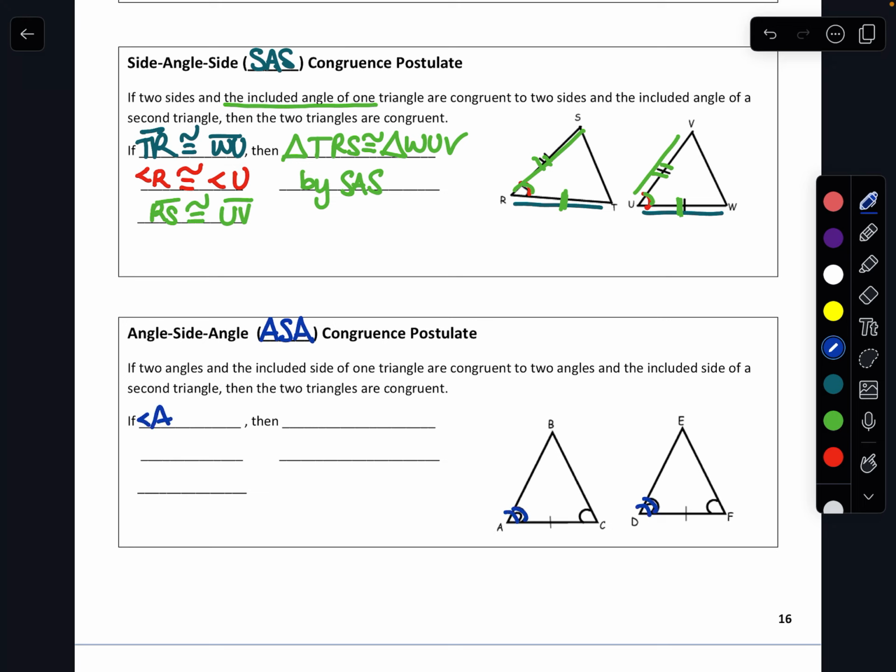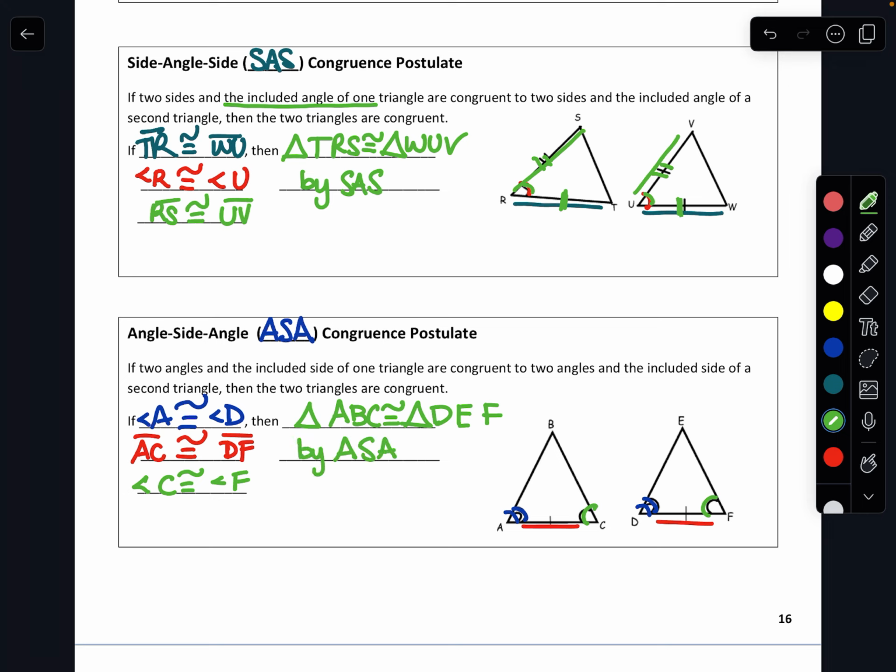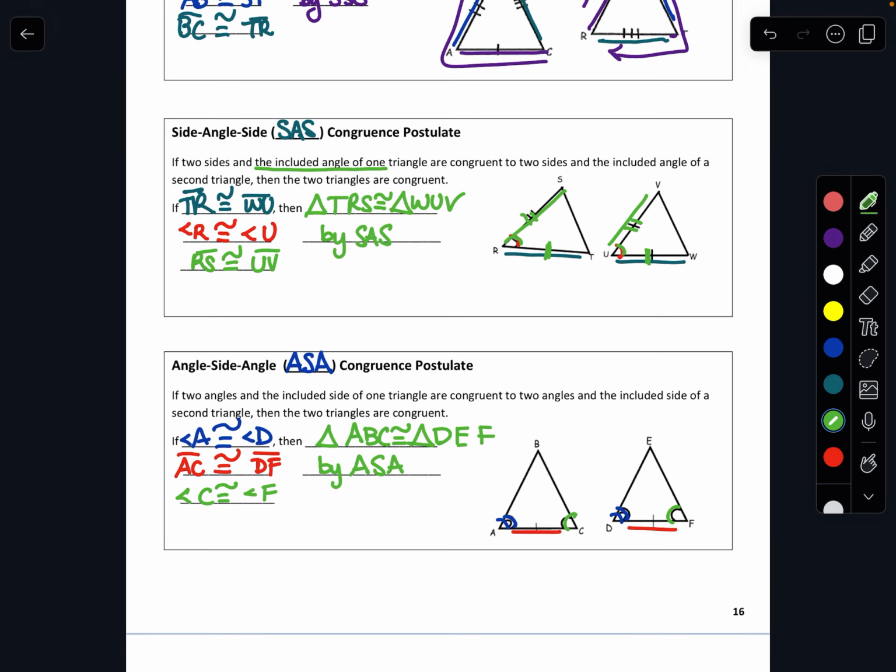So if you've got angle A that's congruent with angle D, an included side such as AC that's congruent with DF, and then the other angle on the other side of the side, then you can prove these two triangles are congruent by the angle side angle congruence postulate.